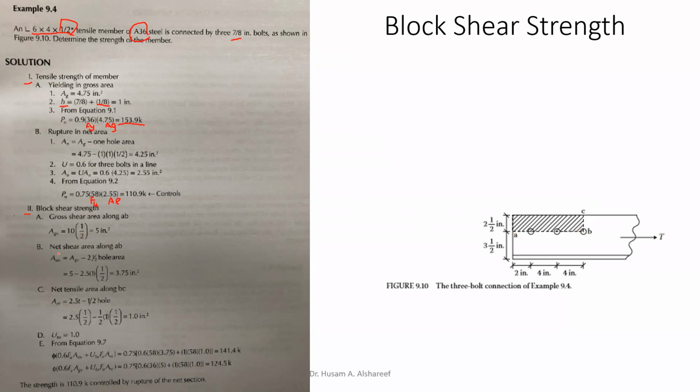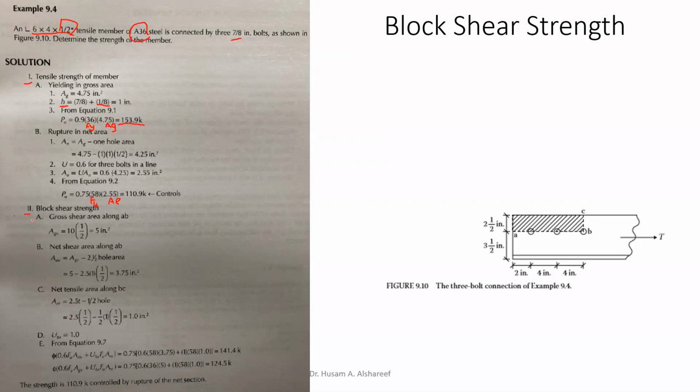Now, how about the net area along the AB? Net area is going to be the AGV minus 2.5 times the hole area. So 5 is what we find here, 5 minus 2.5 times 1, because it's 1 hole, times half, which is the thickness, and this gives me 3.75.